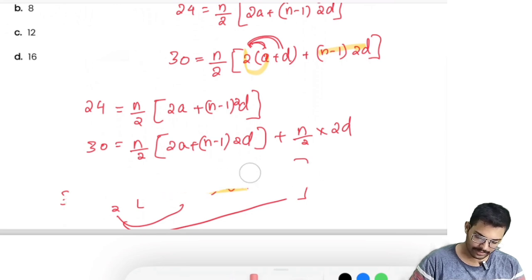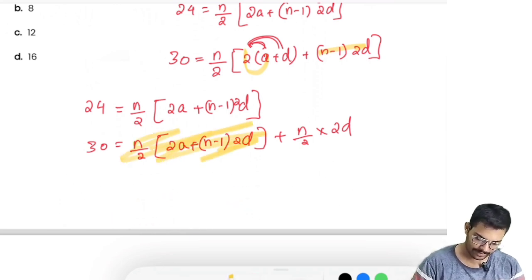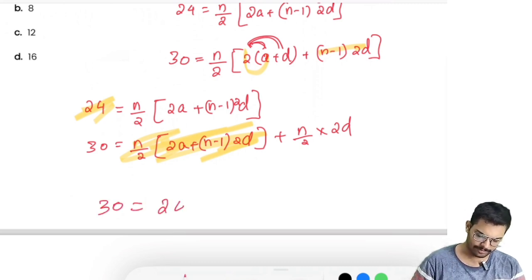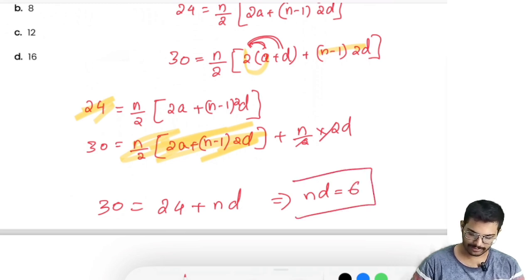Now this value equals 24, so you can subtract both equations or directly substitute 24. 30 equals 24 plus nd, since the half and 2 cancel, which means n times the common difference equals 6. 30 minus 24 is 6.